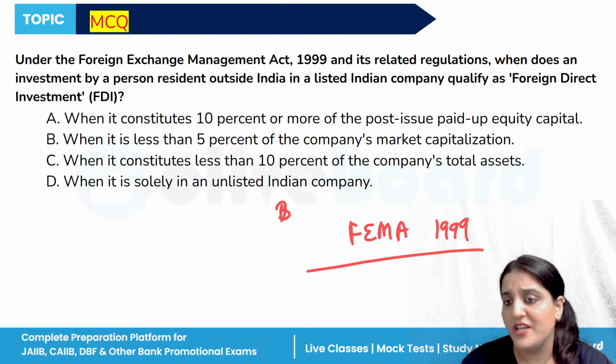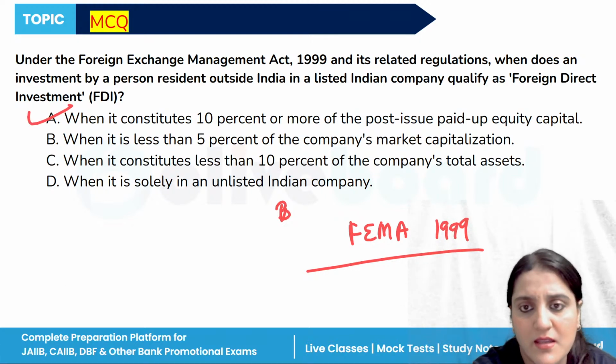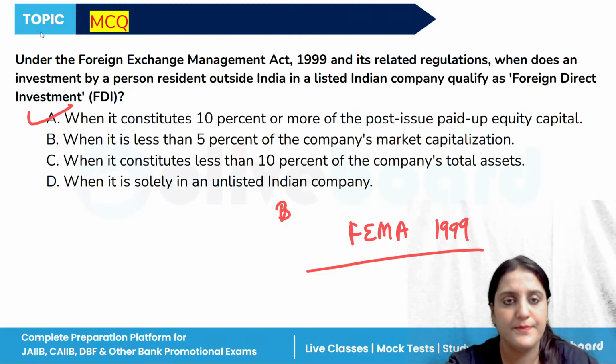Here, if you read the options, you will find that option A is correct. There is nothing to explain in the other options. Understood?